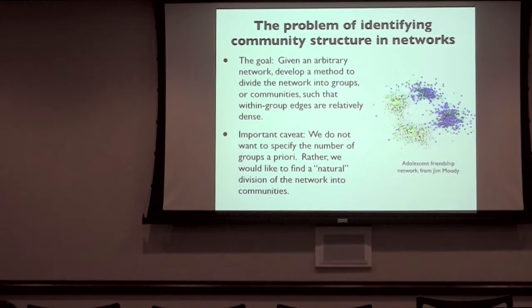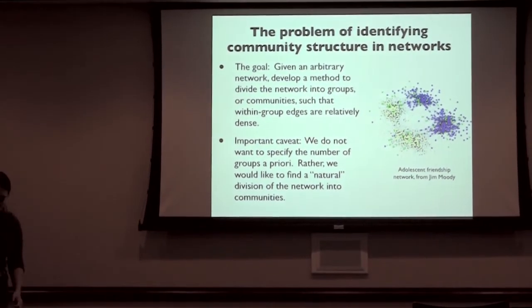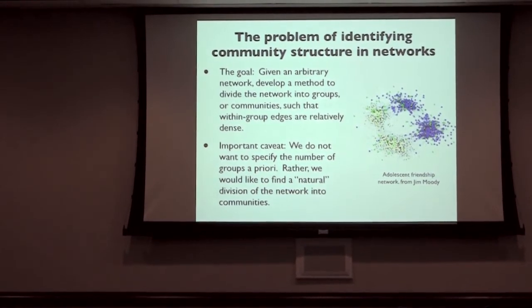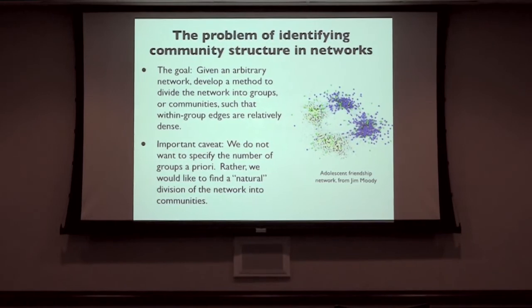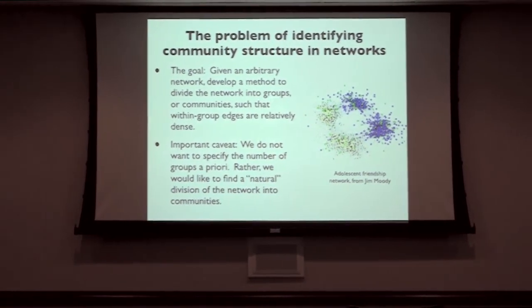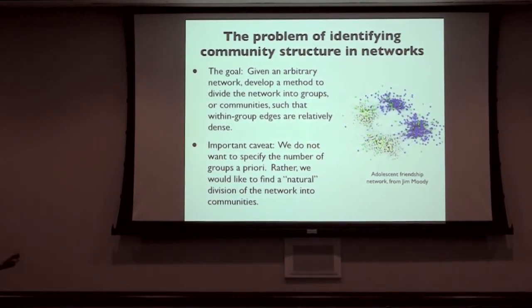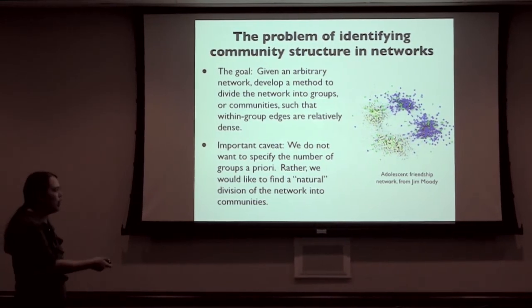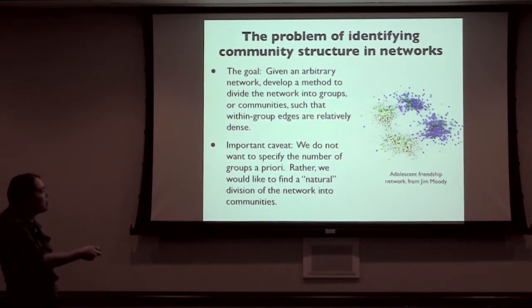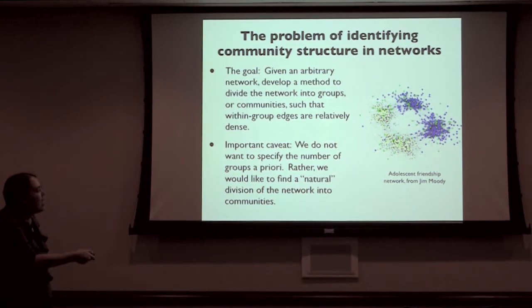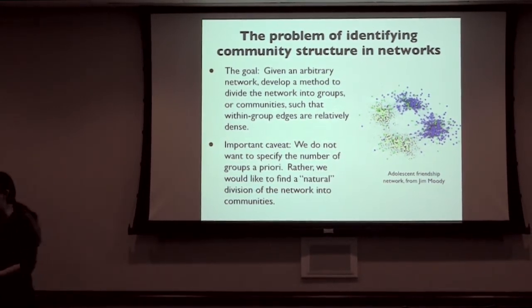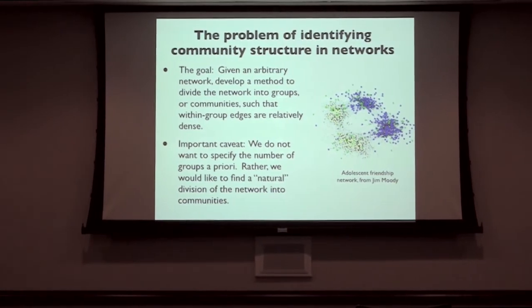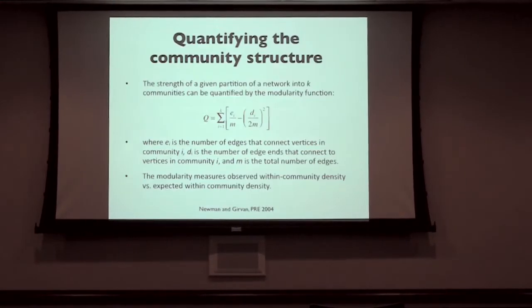So if there exist 7 natural communities, we want to find that number, rather than asking what's the best way to divide this network into 7 communities? Here is a graph that shows you strong community structure, or what we sometimes call modularity. This is a friendship network, divided into groups such that within-group connections are quite dense compared to between-group connections.